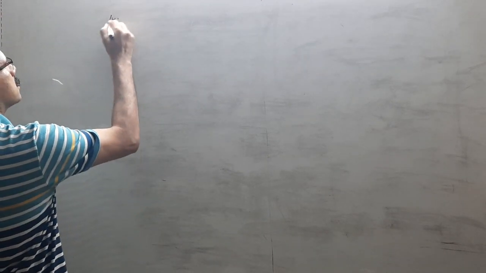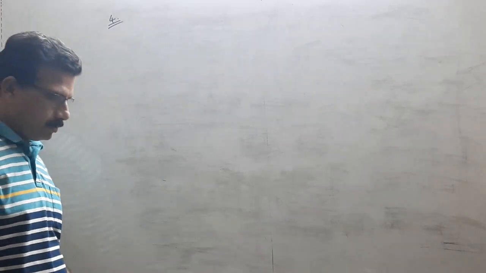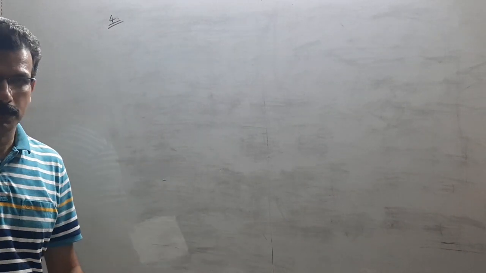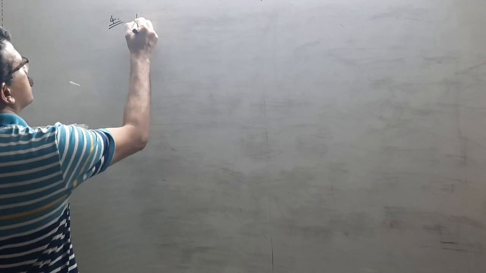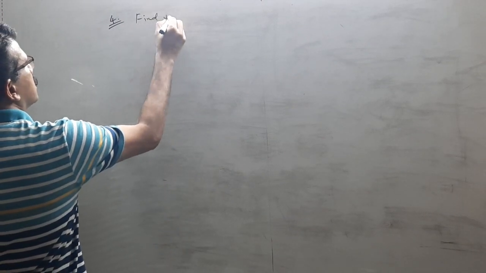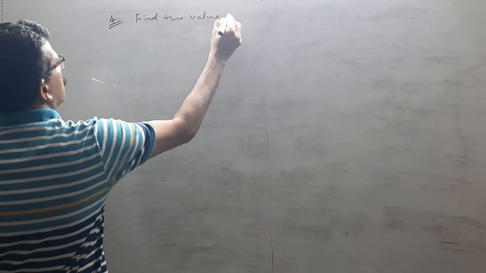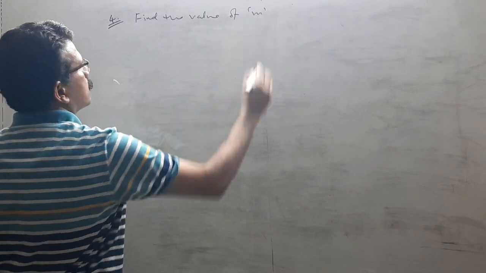I think it is for the type. Okay, you write the number according to the order. Okay, question number 4. I think now it is another type. Find the value of m in the following.